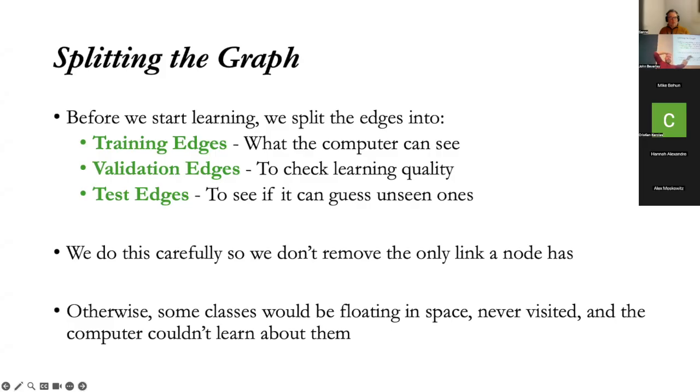So you have to be careful about not isolating nodes, because if you have leaf classes just dangling around in your validation set or your test set, you're not really identifying those things as related or nearby to other classes because there are no connections. So we have to be careful about not cutting off the bottom of the tree. Otherwise, some classes will just be floating in space and never visited, and the computer couldn't learn about them.